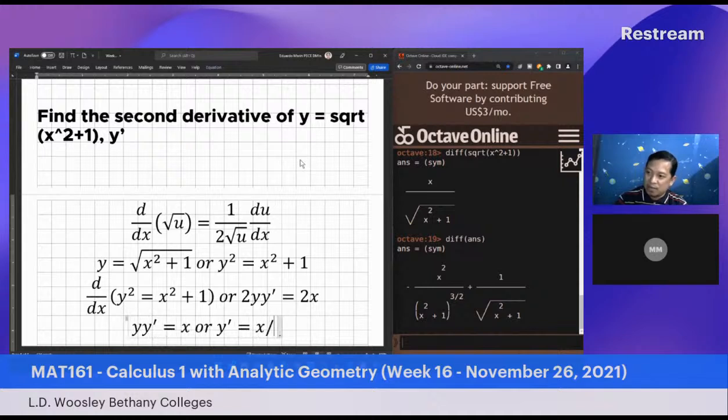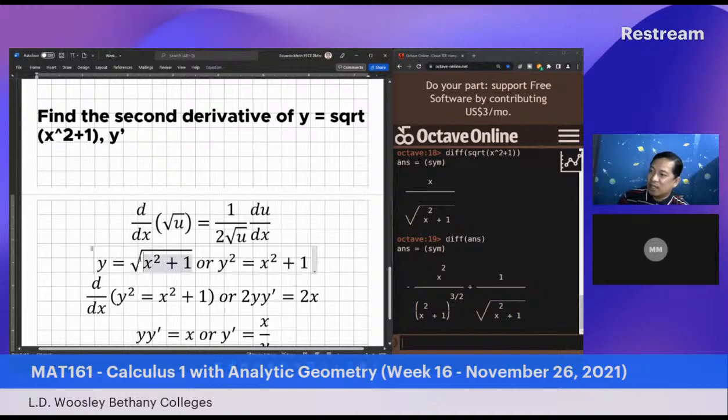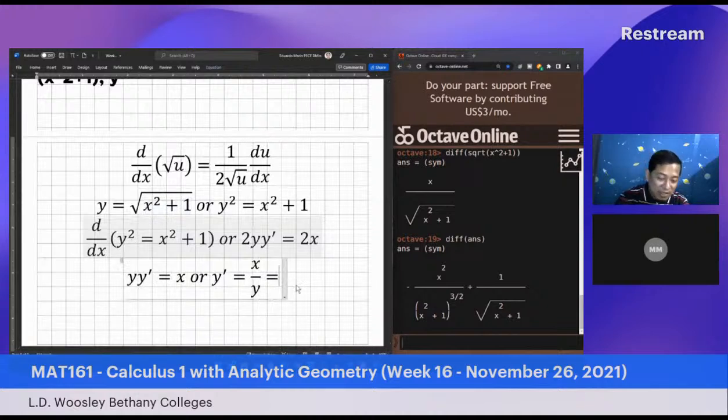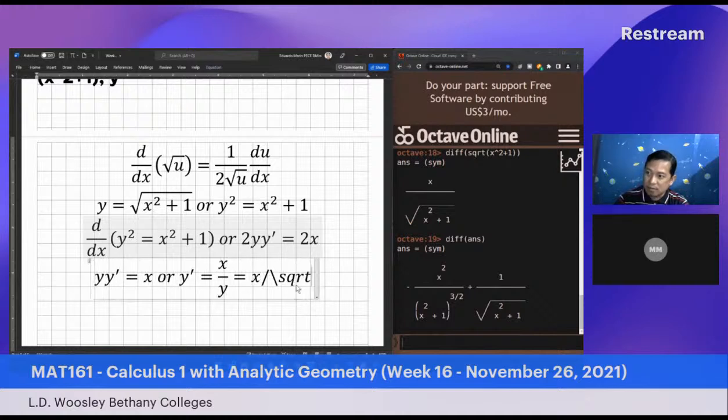This would be equal to x over y. And what is y? Then you substitute the earlier one: y is equal to the square root of x squared plus 1. Isn't that fast? You only substitute the radical when you're done. You don't go through radical differentiation, the derivative of a radical. Here, you only substitute y at the end. Your y is equal to the square root of x squared plus 1.